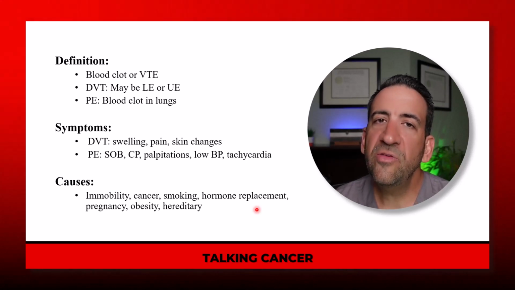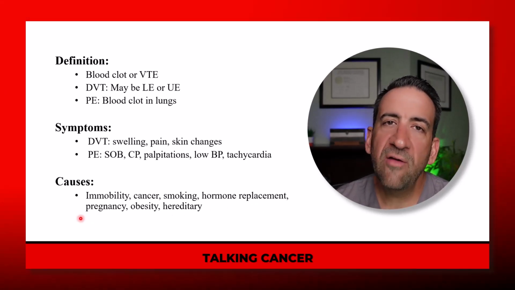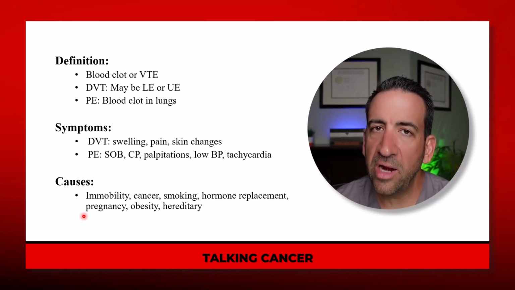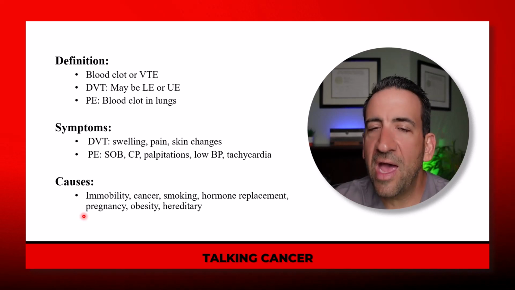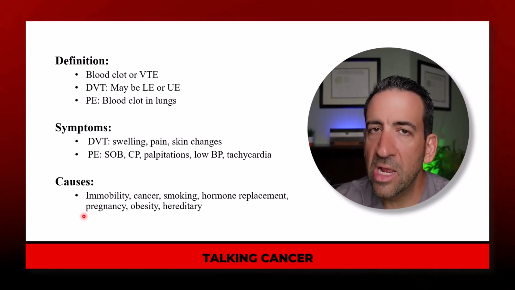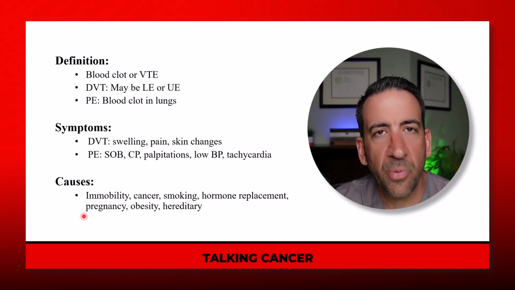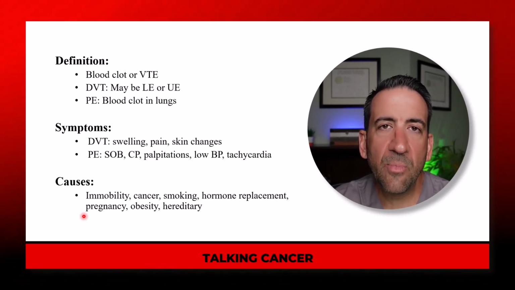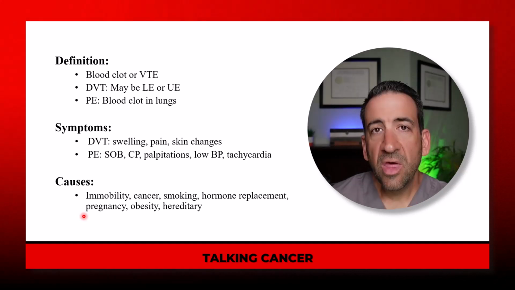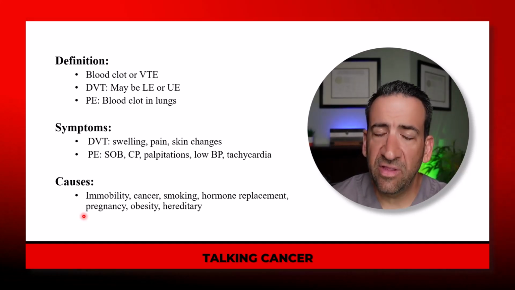Pregnancy. When a woman is pregnant, her hormone levels are going crazy. This can definitely increase your clotting risk. Just know that the left leg is more prone to blood clots than your right. So if you ever see a pregnant person and they have a lot more swelling on their left leg than their right leg, think of the possibility of a DVT.